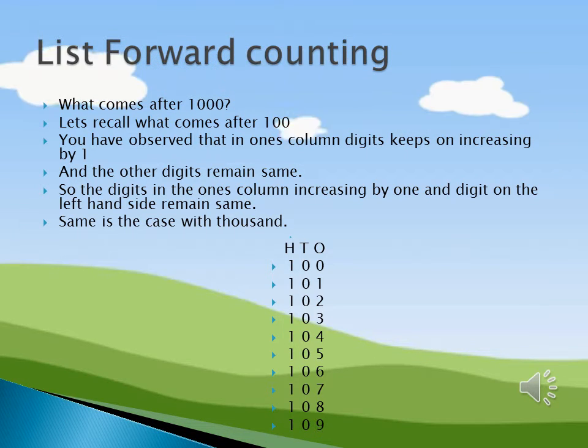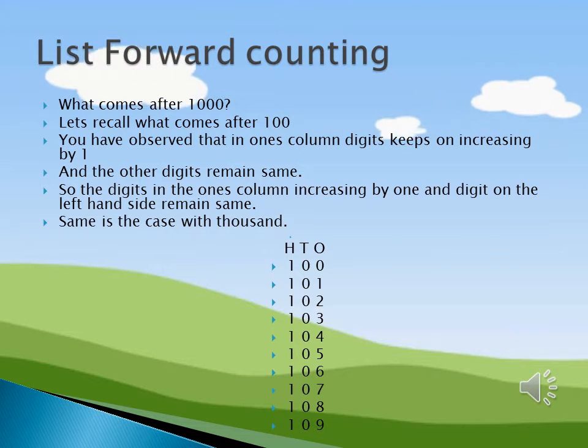Let's do forward counting. What comes after 1000? Let's recall what comes after 100. In this series, 100 is written over here, and then 101, 102, 103, 104, 105, 106, 107, 108, and 109.